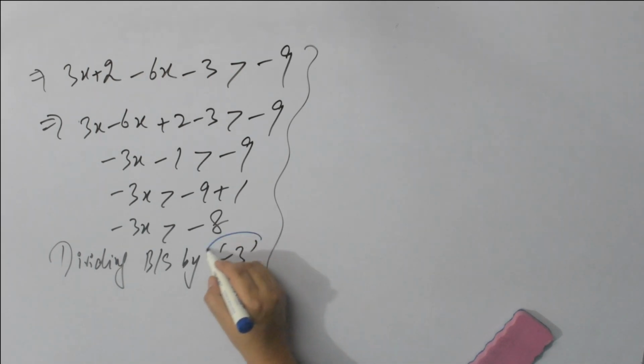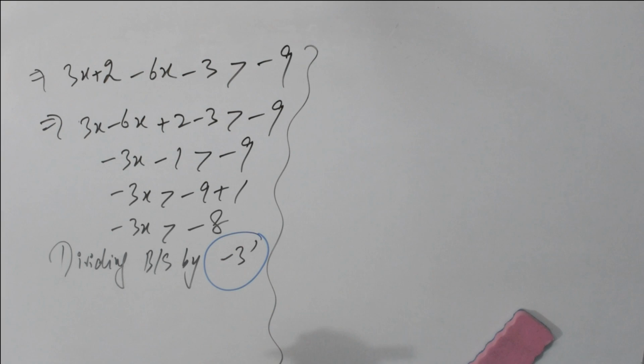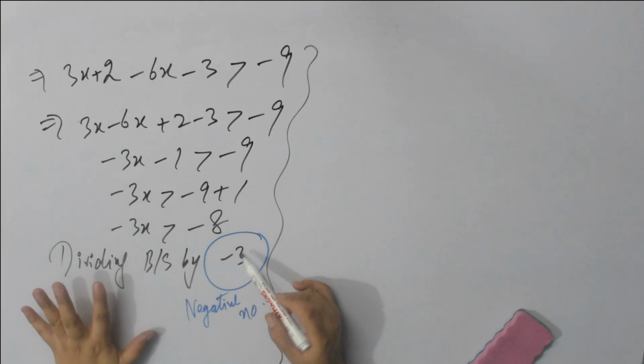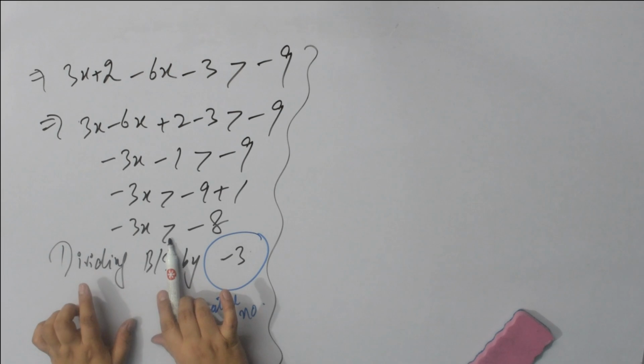Here you are dividing both sides by a negative number. Look students, this is a negative number. So what I have told you is that whenever you divide or multiply by a negative number, your inequality sign will change.